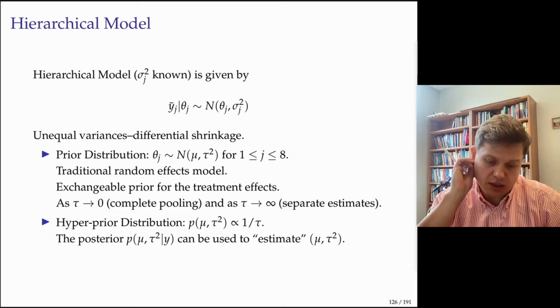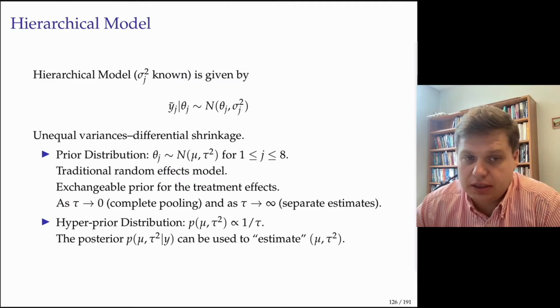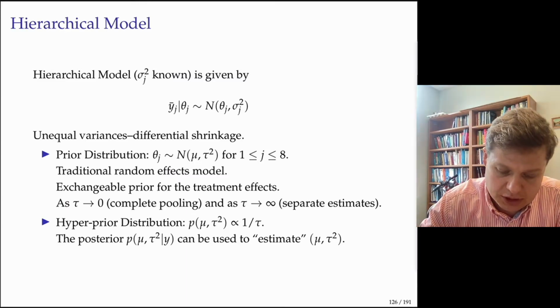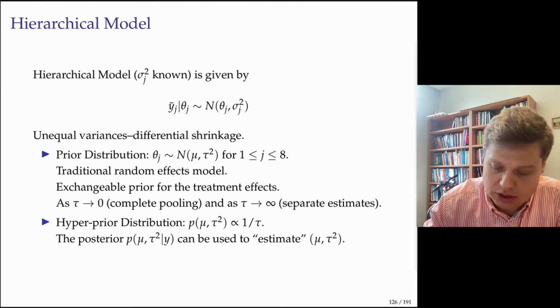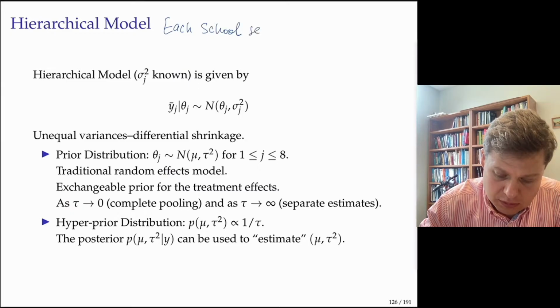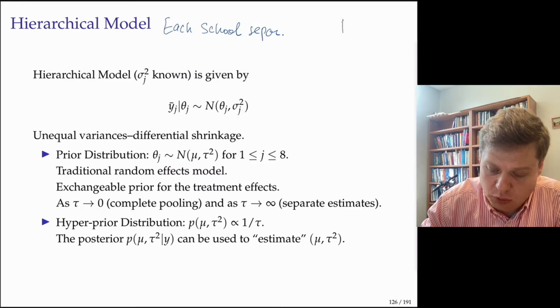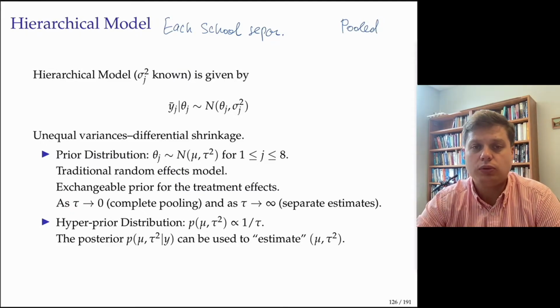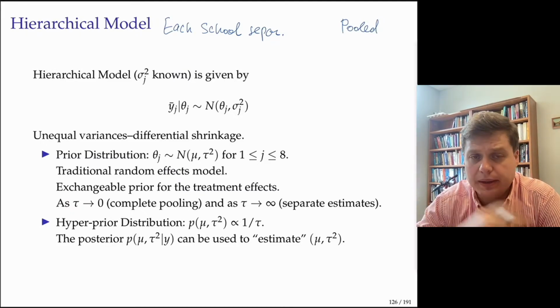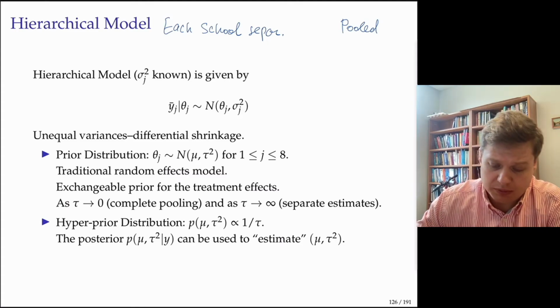On the previous slide, we saw two extreme cases of analyzing this data. The first extreme case was to analyze each school separately. And the other case was this pooled estimation, when every school was pooled together, and then you can compare each school separately to this pooled mean.